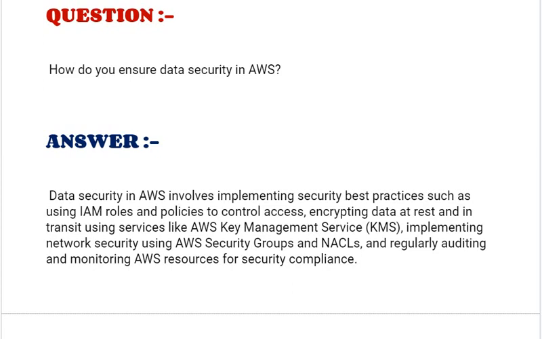Your answer should be data security in AWS involves implementing security best practices such as using IAM roles and policies to control access, encrypting data at rest and in transit using services like AWS Key Management Service (KMS), implementing network security using AWS security groups and NACLs, and regularly auditing and monitoring AWS resources for security compliance.